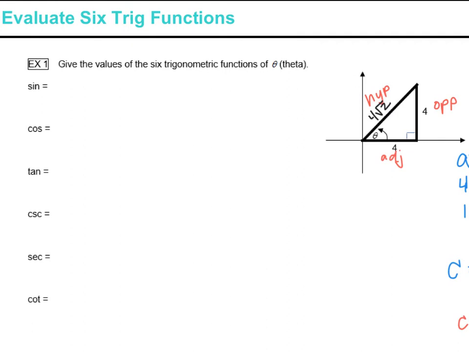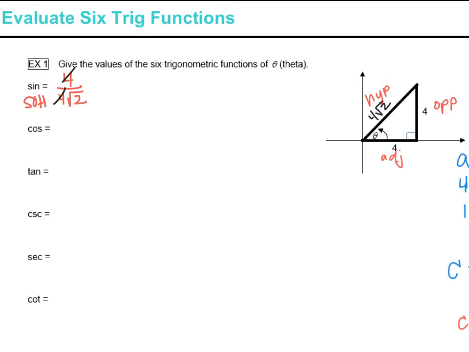What we're going to remember for sine is that it's opposite over hypotenuse. So the opposite side I already labeled as a 4. The hypotenuse is 4 root 2. And then we say, well, there's our answer. Sine of theta is equal to 4 over 4 root 2. However, we're not going to leave an answer that looks like this. There's 2 things we can do.